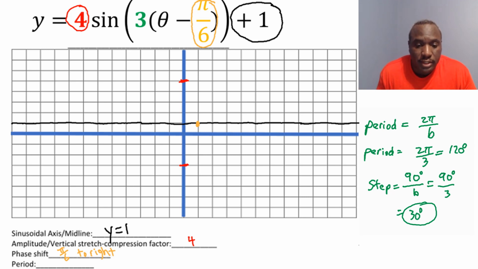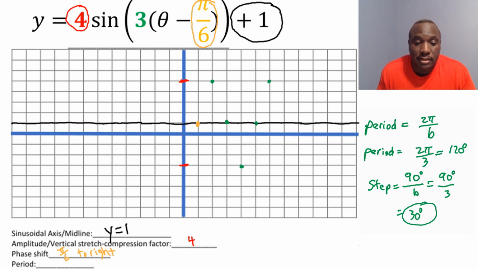So our next point is 30 degrees over. Then 30 degrees over from that, we have another point. 30 degrees over from that, we're going to reach our minimum. 30 degrees over from that, we're going to reach the sinusoidal axis again, and we'll continue repeating this pattern until we get the rest of the points.